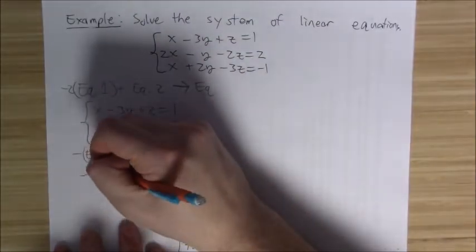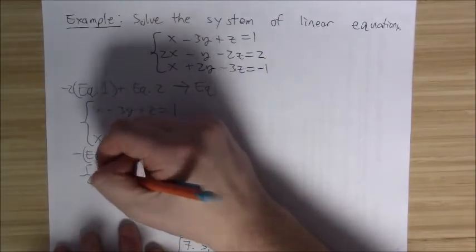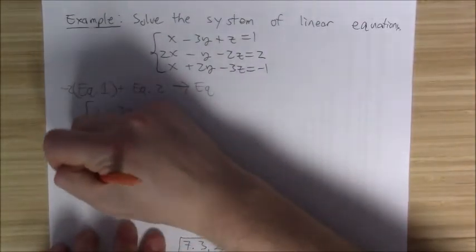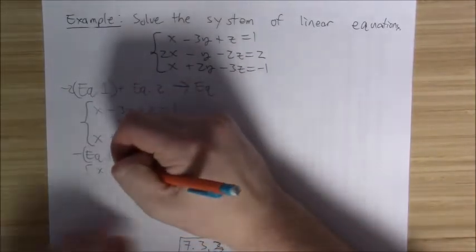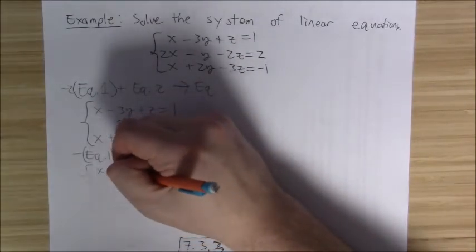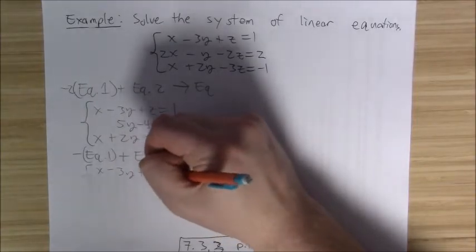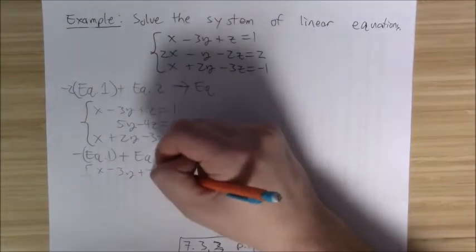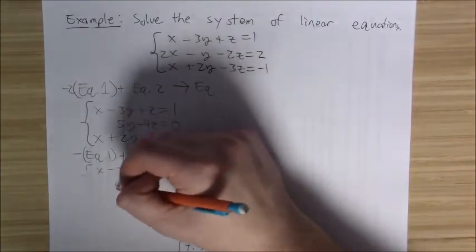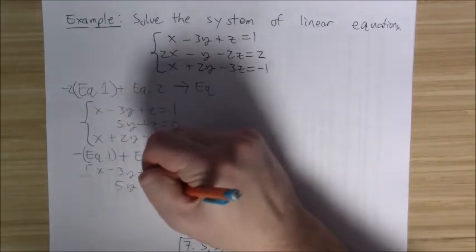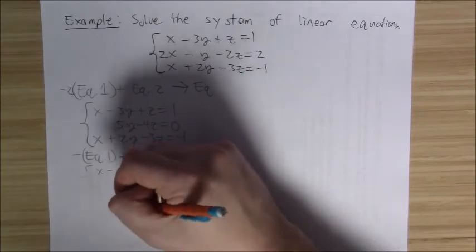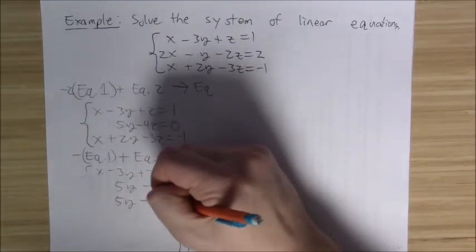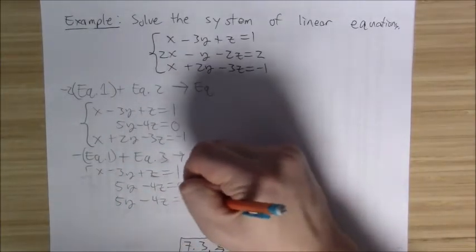Doing so will give us the new system: x minus 3y plus z equals 1. Then, of course, our second equation stays the same, 4z equals 0. And then the bottom equation is the only one that changes, 5y minus 4z equals negative 2.